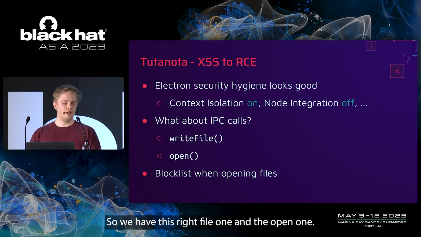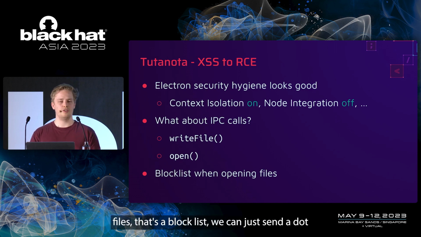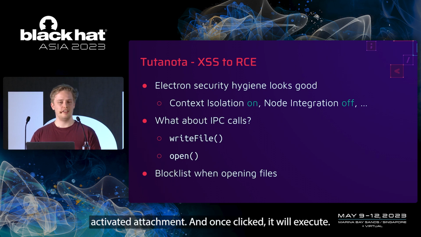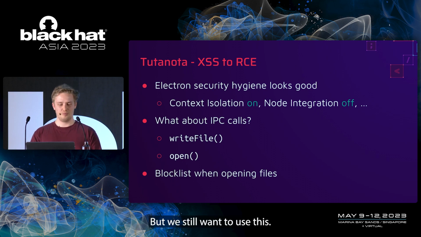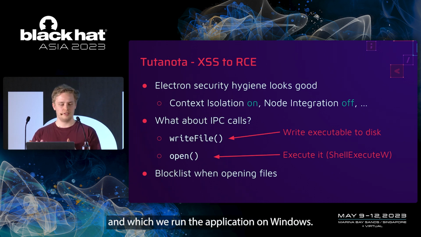So we have this write file one and the open one, but when opening files, there's a block list. We can't just send a .exe attachment and have it execute once clicked. But we still want to use this. We want to use the write file IPC call to write an executable to disk, and then use open, which uses the ShellExecuteW function to open it, and which will run the application on Windows.